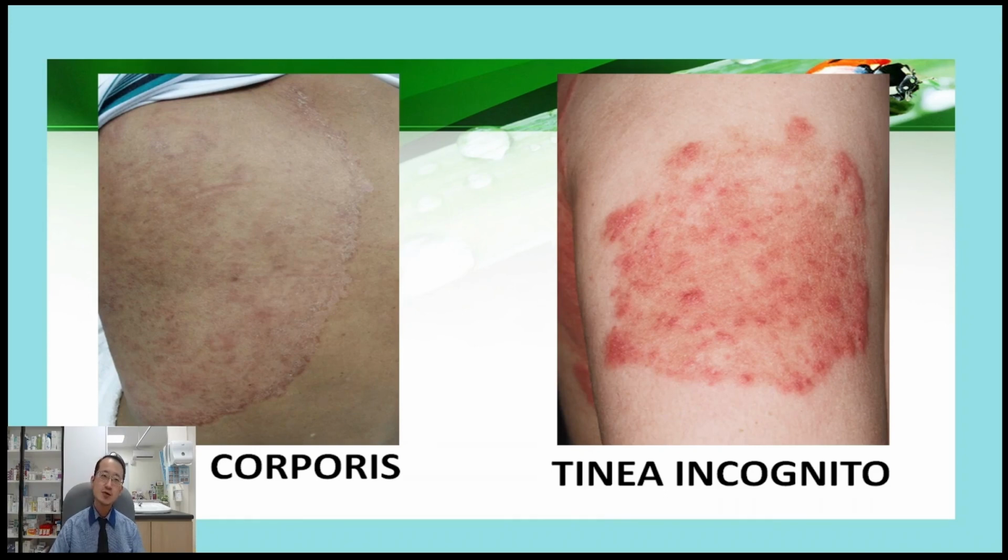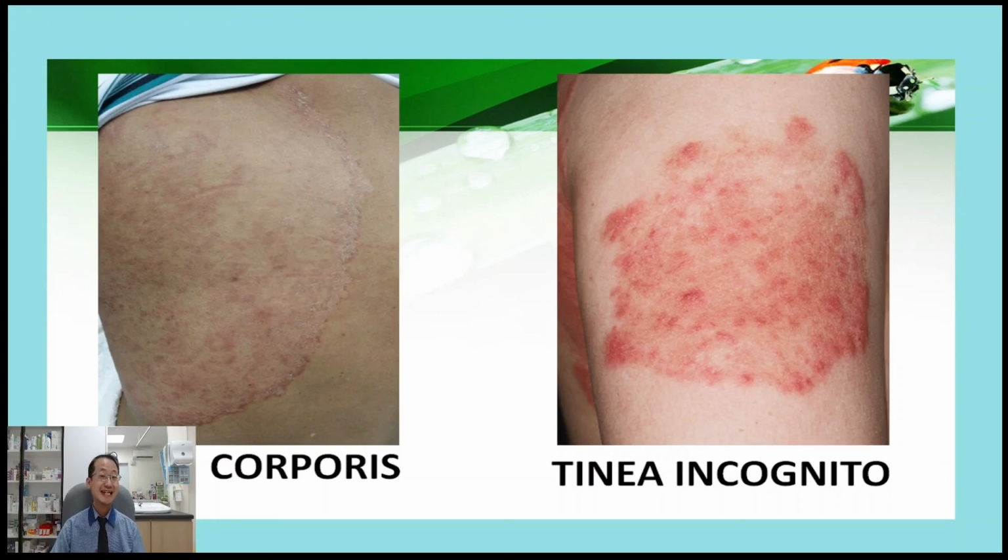Now, sometimes when we apply steroids over this area, the redness gets less, but the ring will always be there. In fact, the steroid just suppresses the inflammation, but doesn't kill the fungus. You can still draw the line of the ring, but you can see a lot of red pustules here.